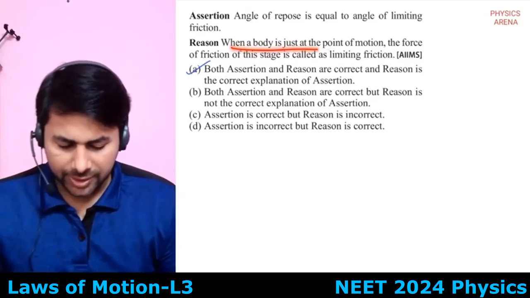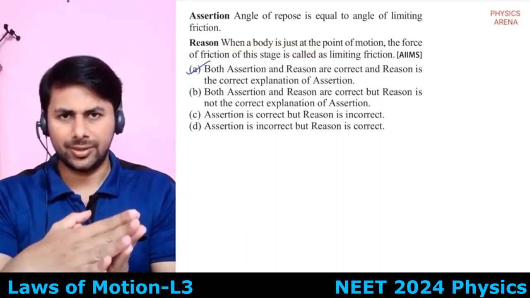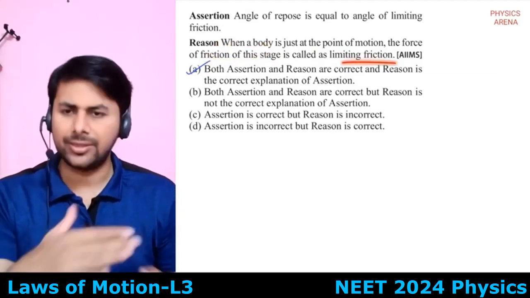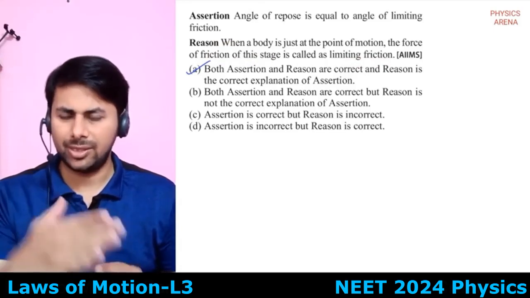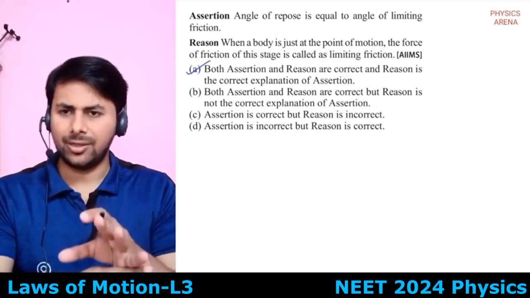When a body is just at the point of motion, when it just begins to slide, the friction at this stage is known as limiting friction. So now see what is happening here.